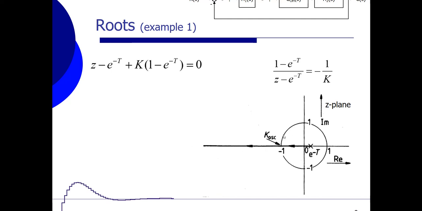What we have drawn in this figure is also the unity circle. We have said that all the poles have to be within the unity circle in order to get a stable system. So when my pole starts to move, when I increase my k, my proportional part, we have to make sure that this pole never leaves the unity circle, because at that value of my proportional gain, my closed loop system will become unstable.